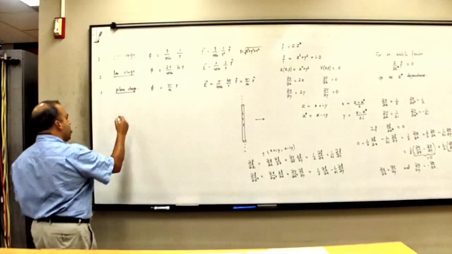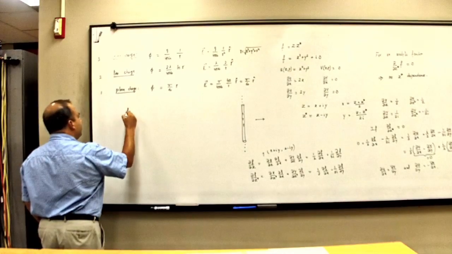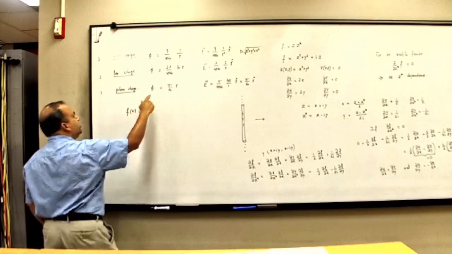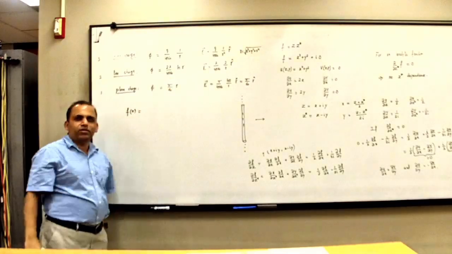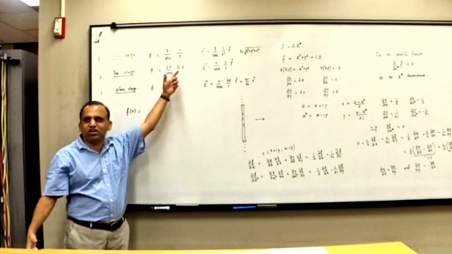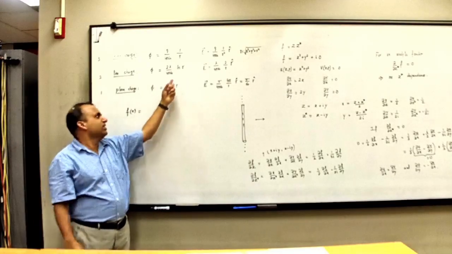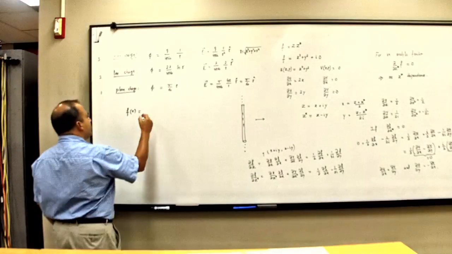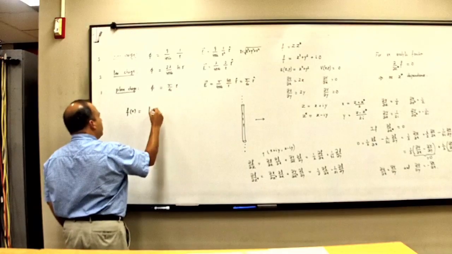Let me think of a complex function f of z to be equal to, I'll forget about the 2 lambda over 4 pi epsilon naught because that's just a constant, correct? I'm interested in a complex function, if I want to connect with the electric and magnetic field, but now this is log of z.